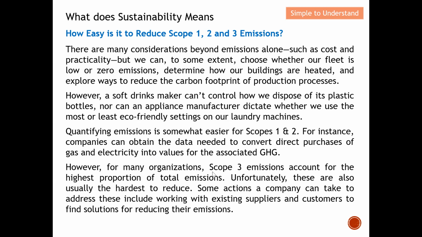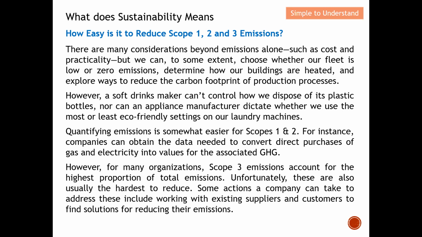So now you know that scope 3 emission is the highest, more than scope 1 and scope 2. Unfortunately, it is also usually the hardest to reduce. Like what I mentioned earlier, with scope 3 the activities or even the assets don't really belong to you, and you have the hardest time controlling it.